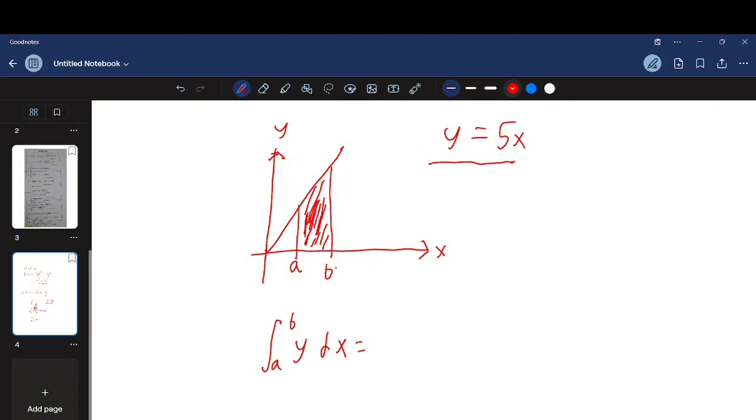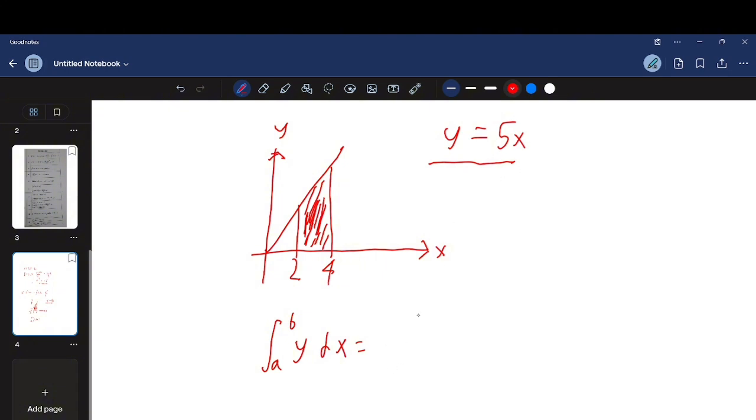Let's say instead of a and b we have numerical values, that is, one is 2 and the other is 4. So when I integrate this equation, what do we get?